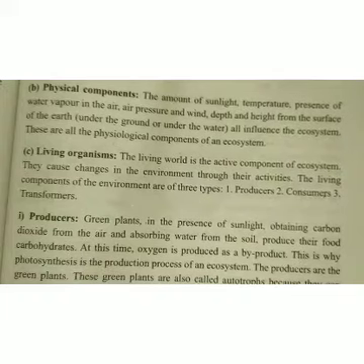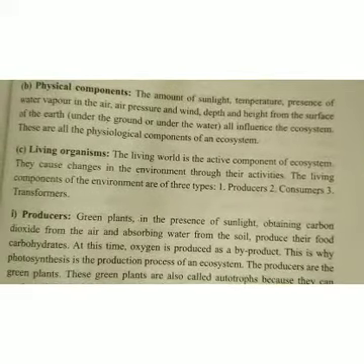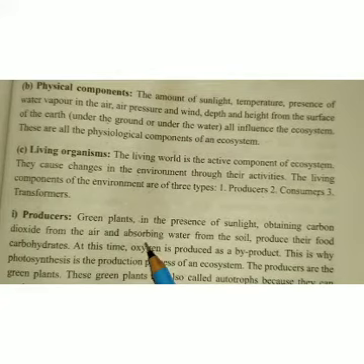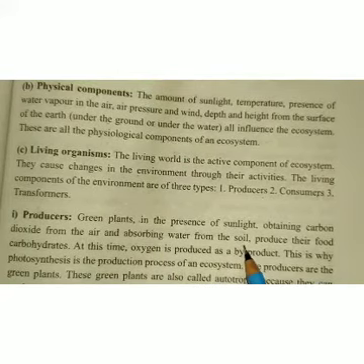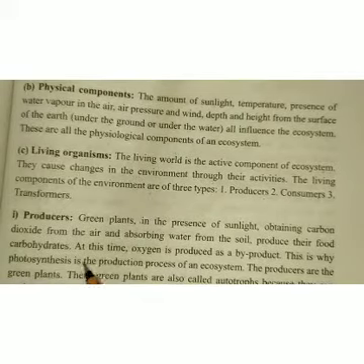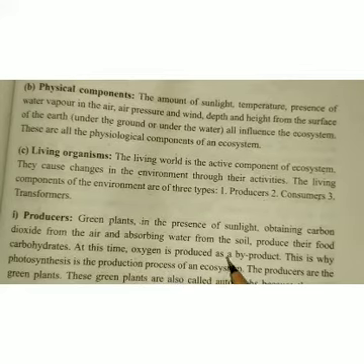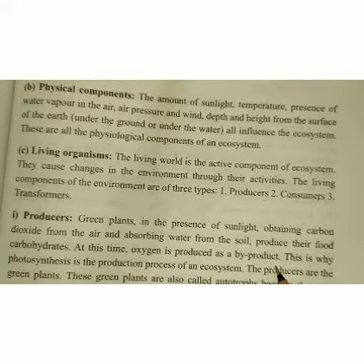Green plants, in the presence of sunlight, obtaining carbon dioxide from the air and absorbing water from the soil, produce their food, carbohydrates. At this time, oxygen is produced as a byproduct.